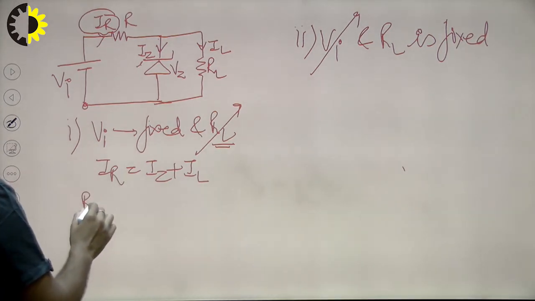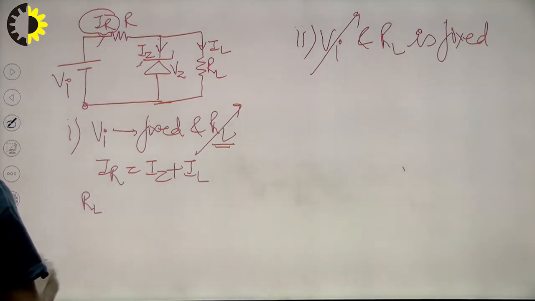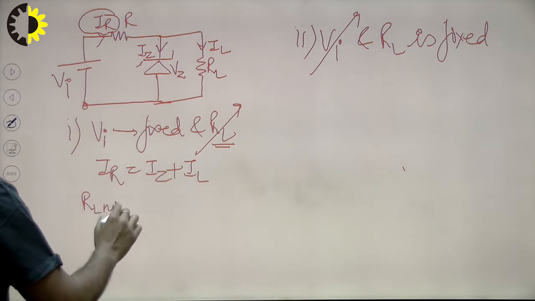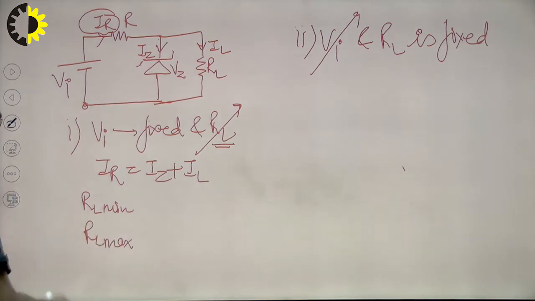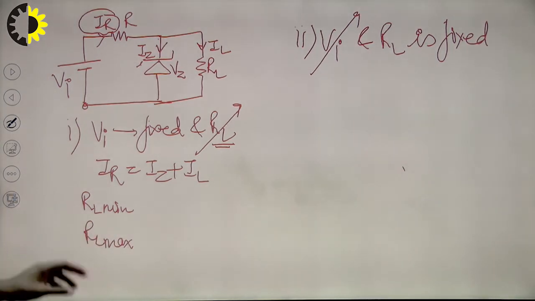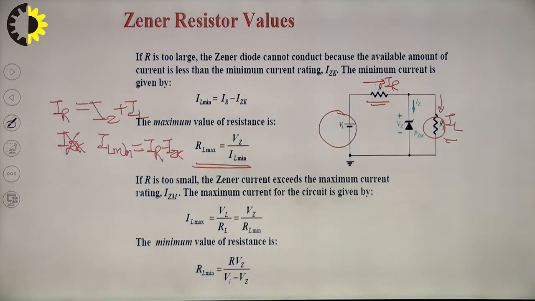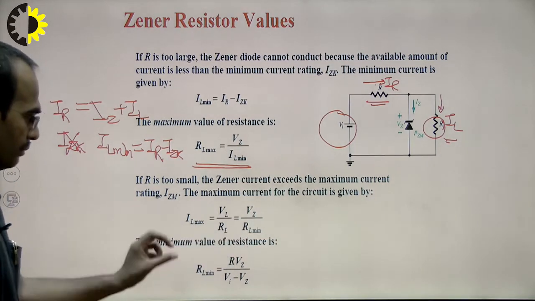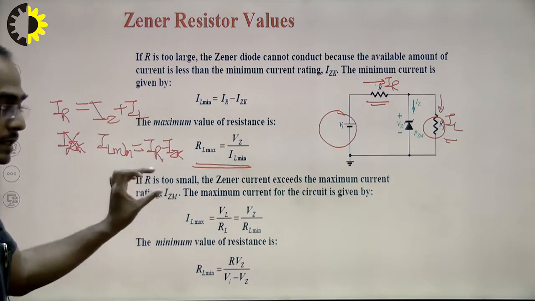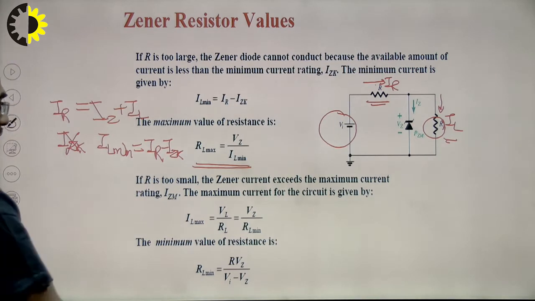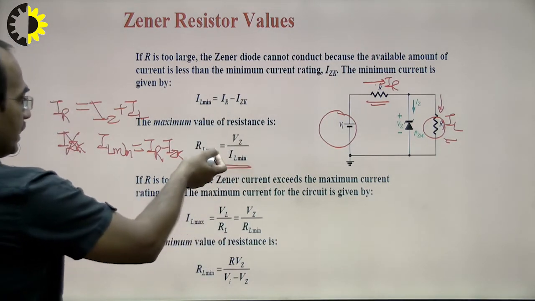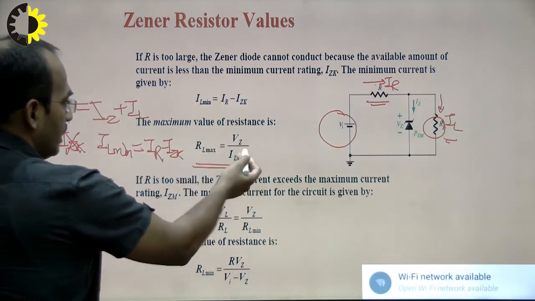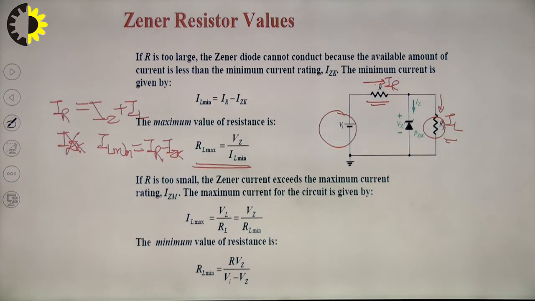So, we will consider two values of RL, RL minimum and RL maximum. When I consider RL minimum, the maximum current will flow through this load resistance, and when I consider RL maximum, the minimum current will flow through the load resistance.